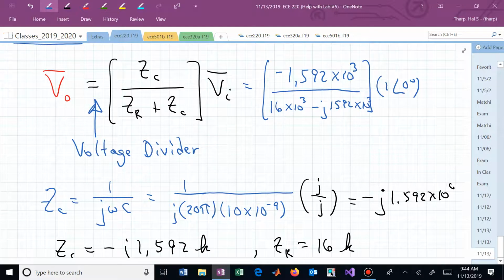Did I do that correctly? I don't want to forget my j's. Have to keep track of the j's.